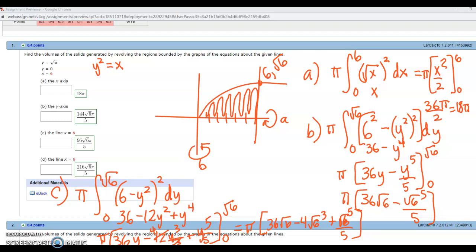It's going to be set up exactly like this, except pi, whatever your number is there, still is the same. It's going to be your big R, which is the 6 minus the y squared, minus 3 squared.